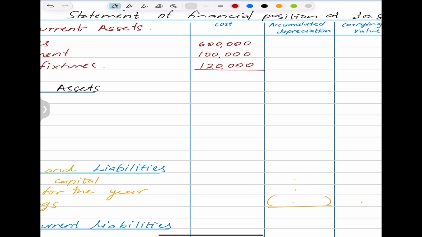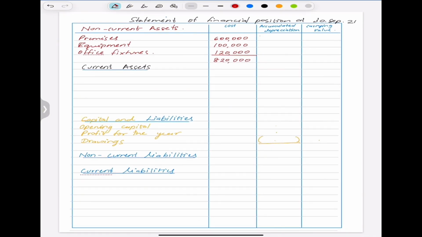And the total of this is 820,000. Now we have to find the total depreciation, which we call accumulated depreciation, for all these 3 non-current assets.